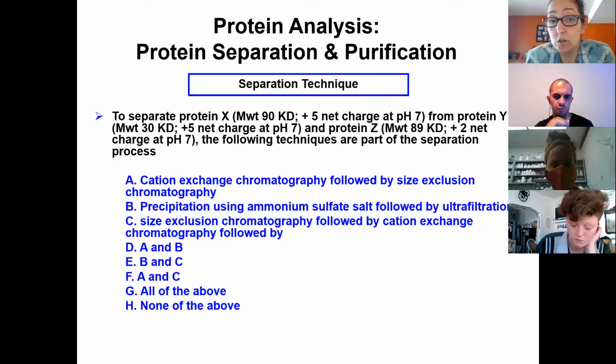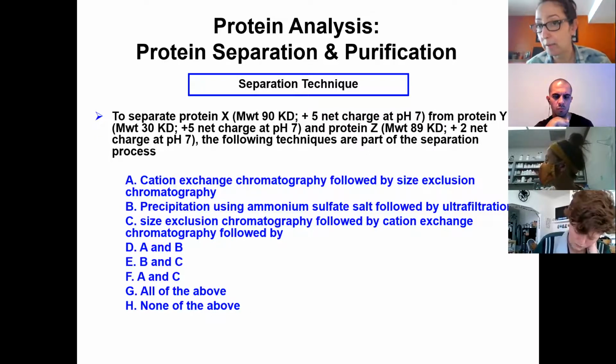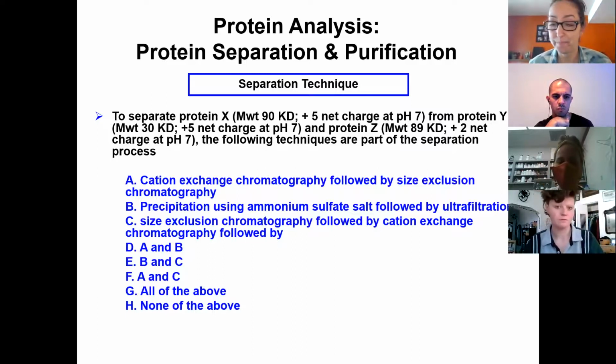Yes, that can work too. Or C, it doesn't matter the order. You can do size exclusion first then cation exchange, or cation first then size exclusion. Order doesn't matter as long as you do the necessary dimensions of separation based on what's given in the question. So all of that. Okay.